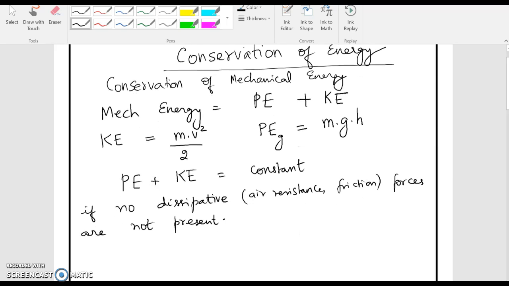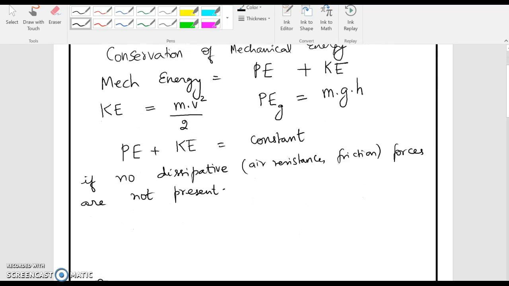What are some examples of conservation of mechanical energy that we see in everyday life? Take the example of a slide. Here is a girl sitting on the slide. At the top, if she is at rest, she has potential energy, but no kinetic energy.